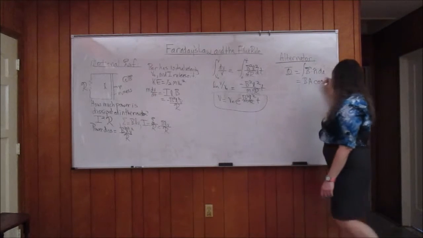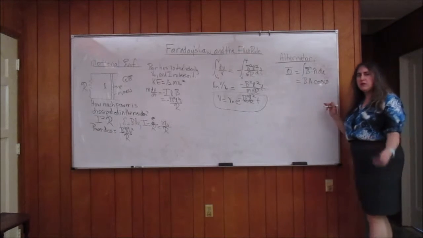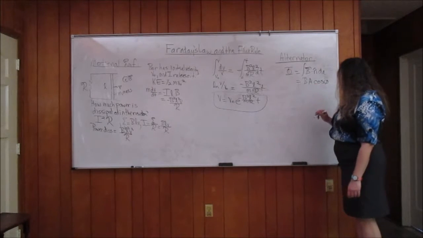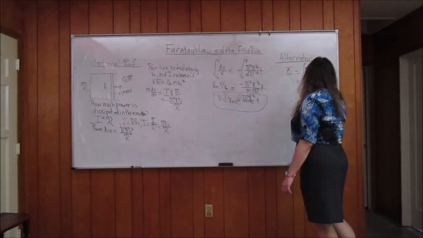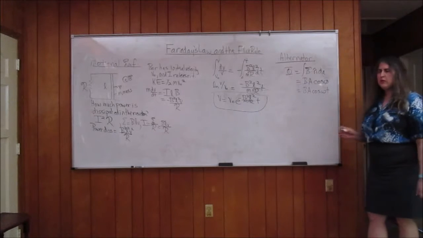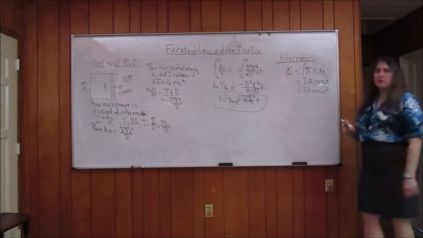So at any given point in time, the angle between the magnetic field and the normal to the surface of the loop is phi, and the flux involves cosine phi. If we assume that the loop is rotating with constant angular speed omega, that becomes BA cosine omega t.